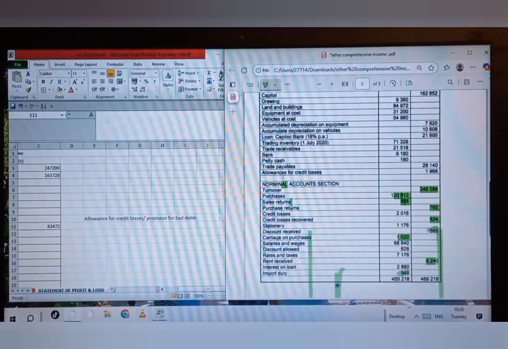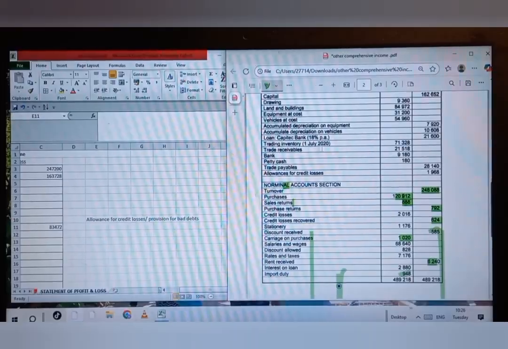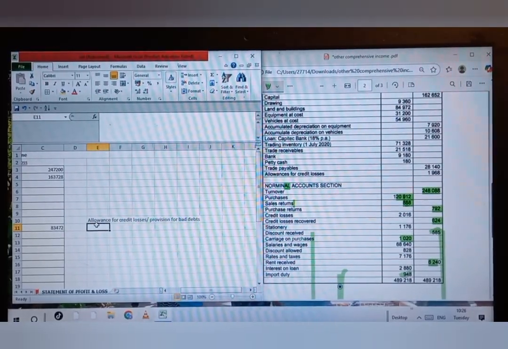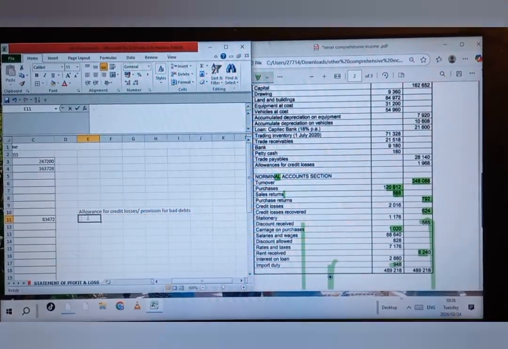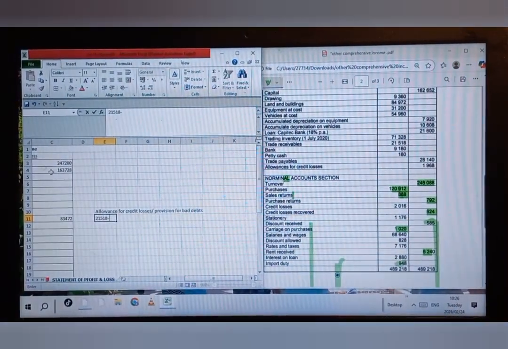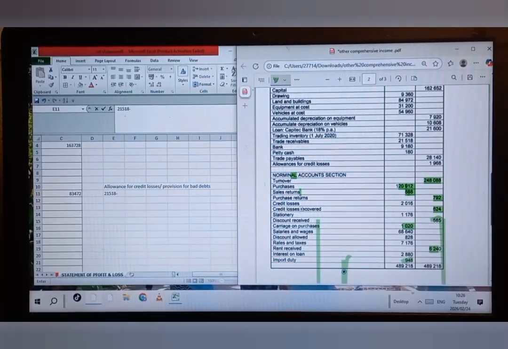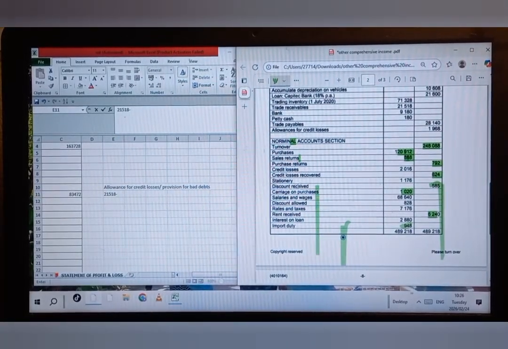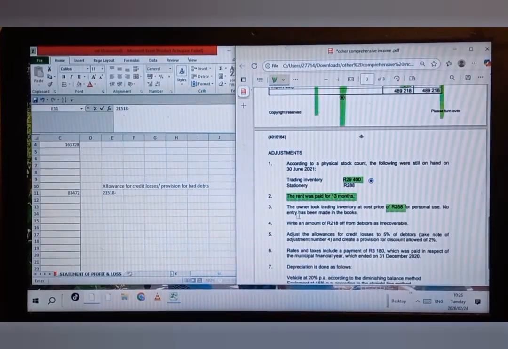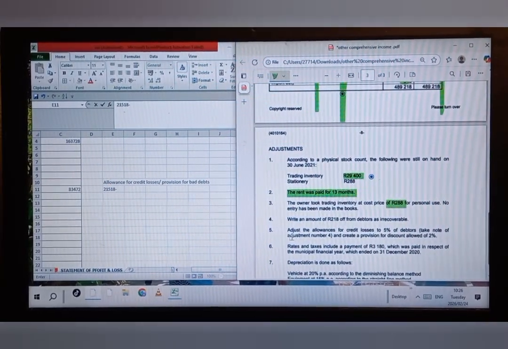Whenever we are calculating provision for bad debts, we take debtors control. It's known as trade receivables. Trade receivables, it's the same as debtors control. We take trade receivables, which is debtors control, 21,518. We minus our bad debts, we minus our credit losses, but then you don't minus the credit losses that are on the trial balance, you minus the bad debts or credit losses that are on the adjustment.